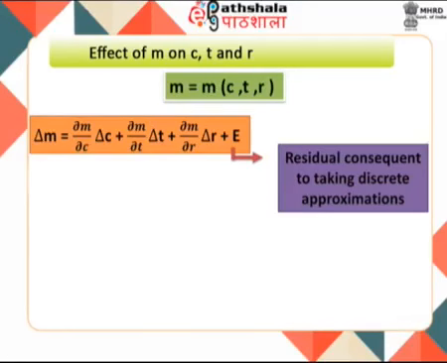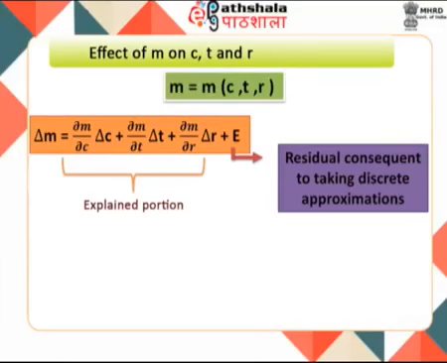The three terms on the right-hand side represent the partial contribution to the change in M of the change in each of the ratios C, T, R. The sum of these terms constitutes the explained portion of changes in M. We know the values of delta M by delta C, delta M by delta T, and delta M by delta R, and change in C, change in R, change in T are either observed or predicted.